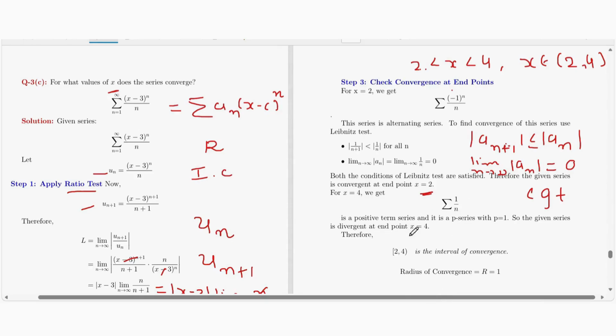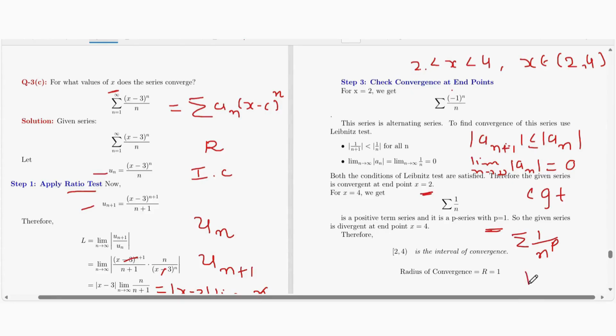Now this series is a positive term series and also it is a p series. What is the form of the p series? 1 upon n raised to p. So this is a p series. Compare with p. p equal to what here? p equal to 1. And what is the condition?